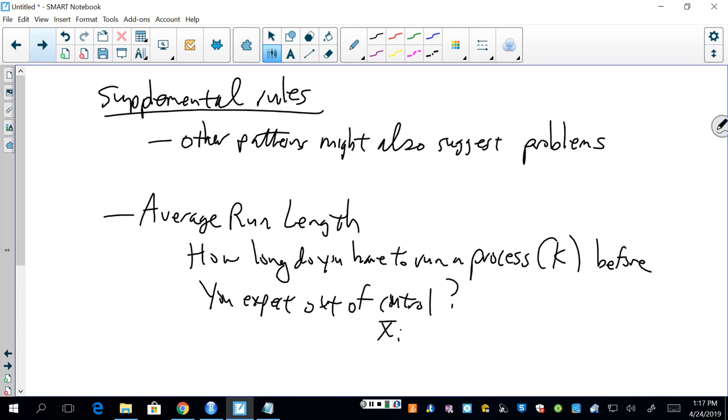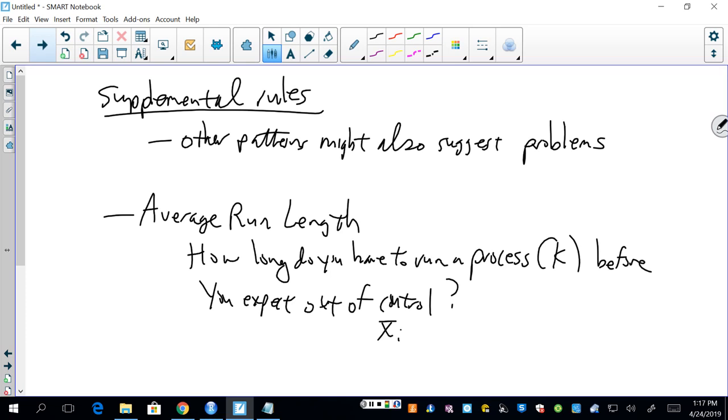And so the book gives a calculation formula in there, but if there's only a little bit of a break, a little deviation from the standard, it's only slightly out of control, you might have to go 100 times, 50 times, or something like that, before you would expect one. You could, of course, have the next one be out of control, but you might, on average, have to wait quite a long time.